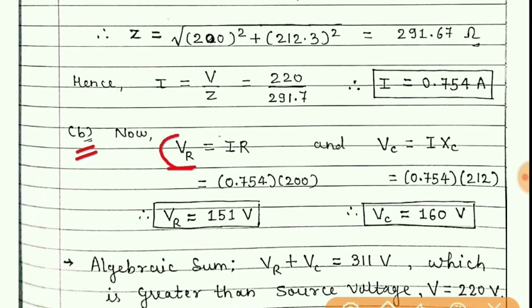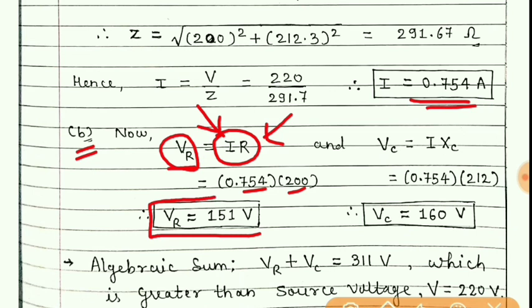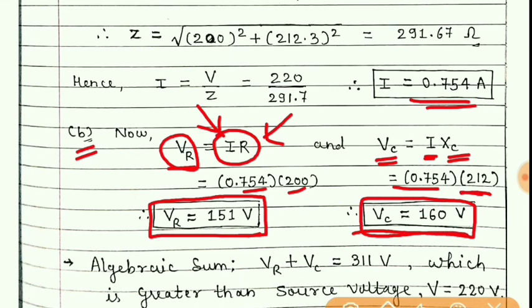VR is equal to IR according to Ohm's law. I is this and R is 200. Calculating this, we'll get voltage across resistor as 151 volt approximately. Similarly, VC is equal to I into Xc. Value of I is this and Xc we obtained 212. So voltage across capacitor will be approximately 160 volt.